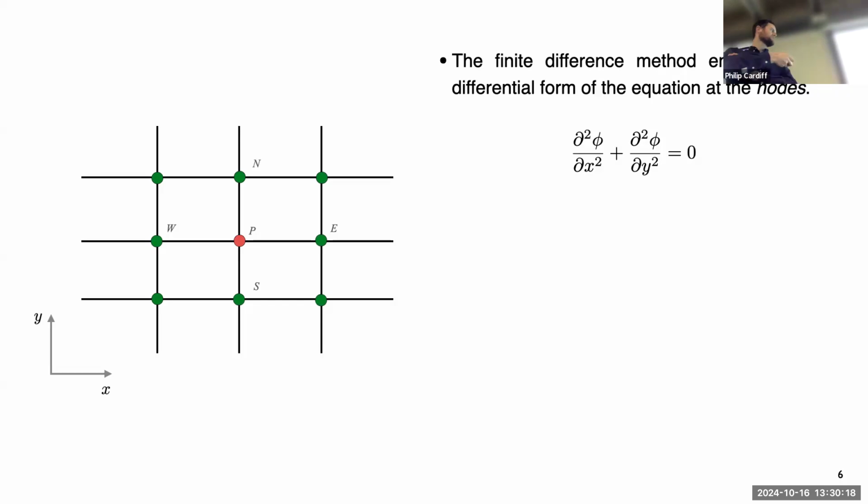It just picks certain points called the nodes, and says, let's enforce it at each of these nodes. So let's use this compass notation. We'll say P is the node we're trying to write this equation at, and then north, south, east, west. So how can we write this partial differential equation, this continuous equation, in terms of phi's, the values of phi at these nodal positions?